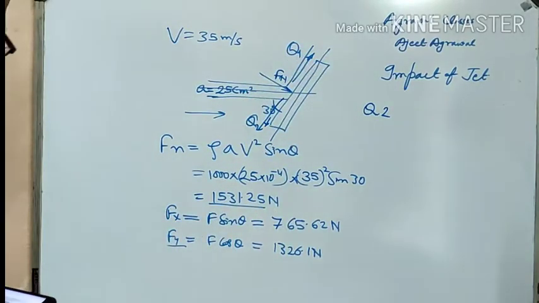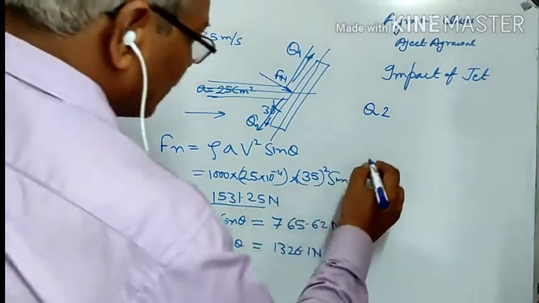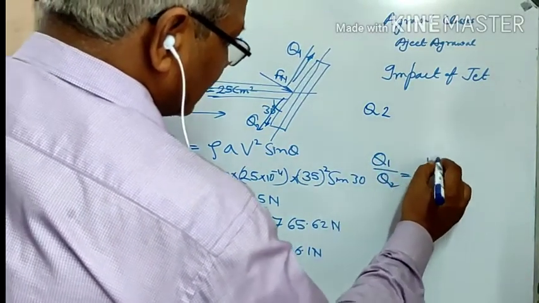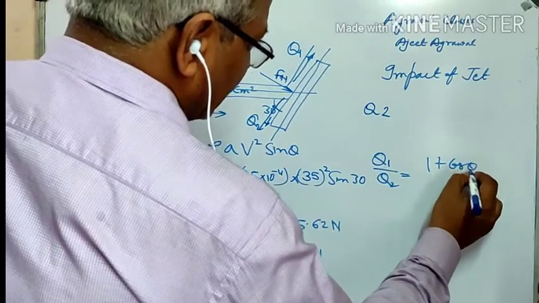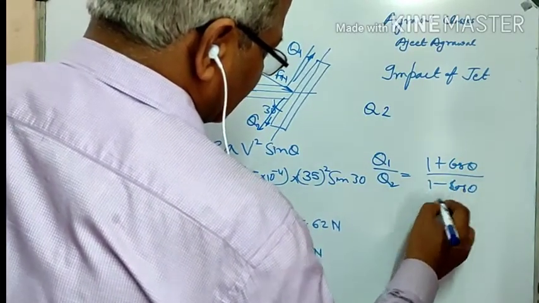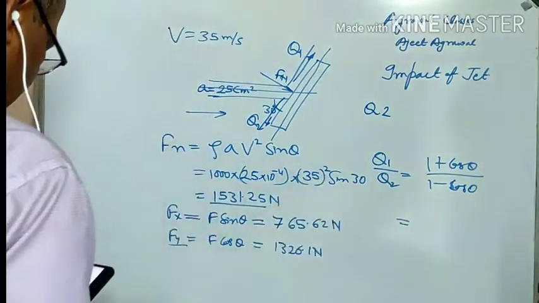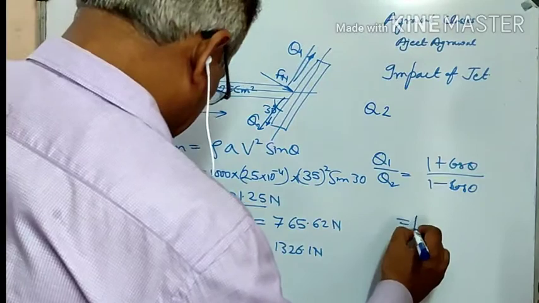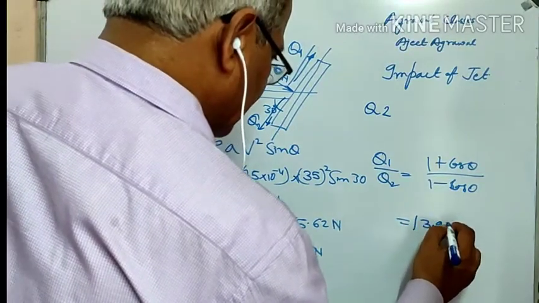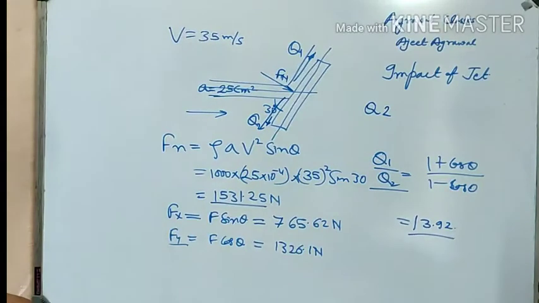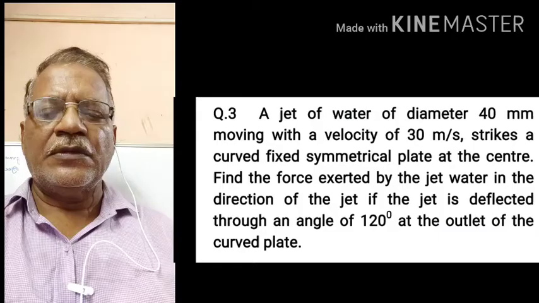Then we know that the ratio of Q1 by Q2 is equal to 1 plus cos theta upon 1 minus cos theta. Substituting theta as 30, you will get the result as 13.92. That is the ratio in which it is dividing. So that is all in this question.